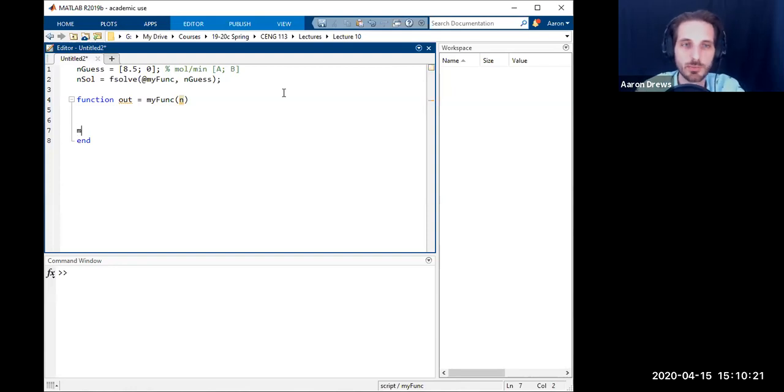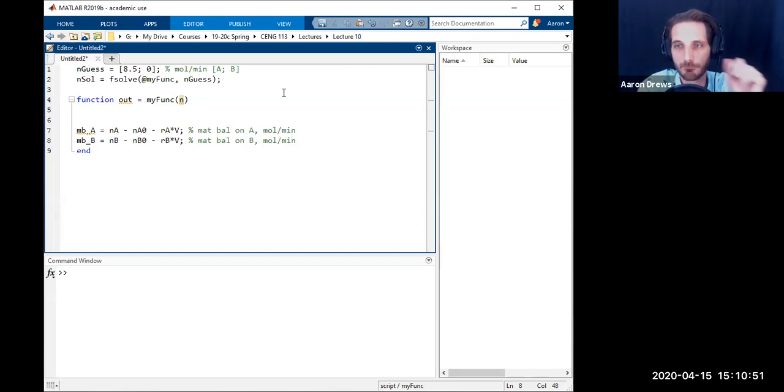And so the material balance on A, which I'll just abbreviate as MB sub A, I know that has to be equal to NA minus NA0 minus RA times V, right? This is the material balance on A, and it has units of moles per minute. Similarly, the material balance on B is NB minus NB0 minus RB times V. This is the material balance on B, and this is moles per minute.